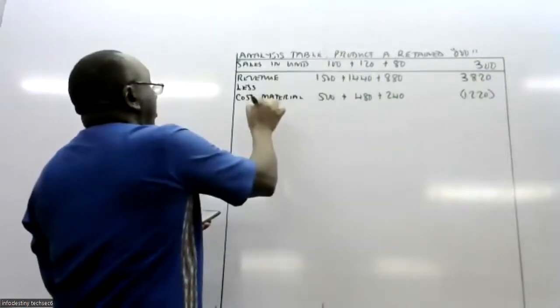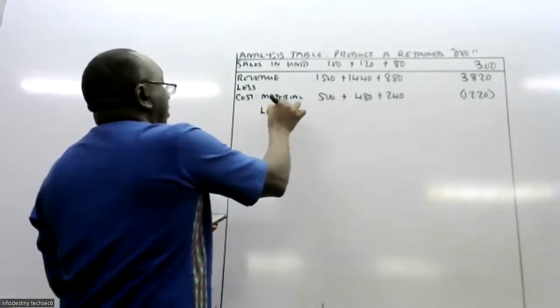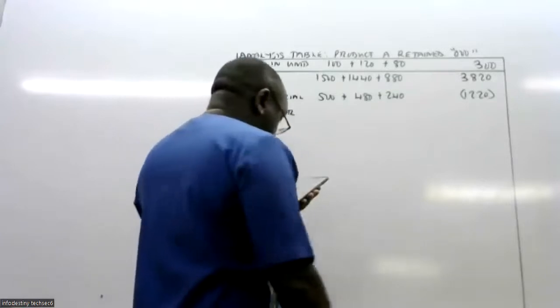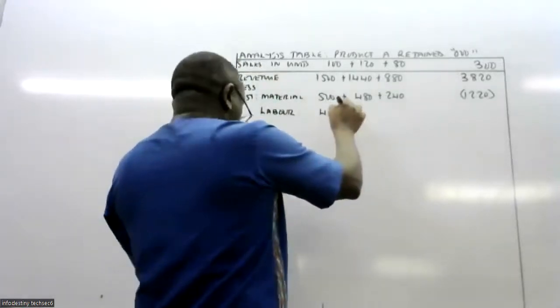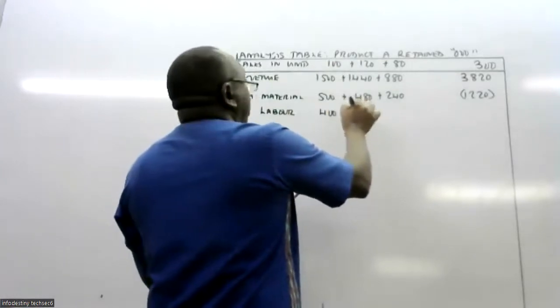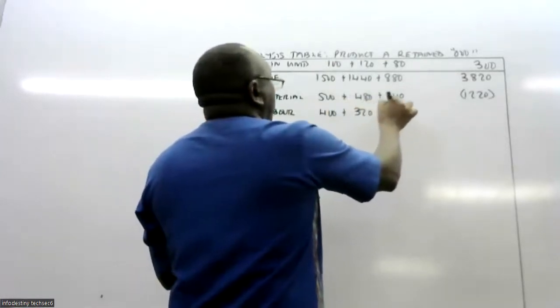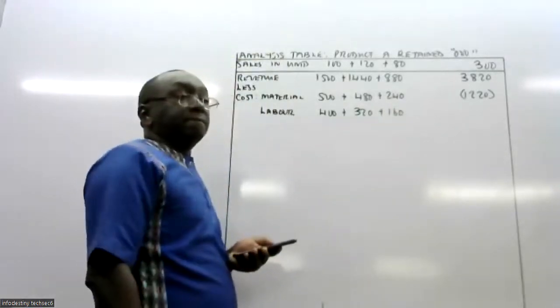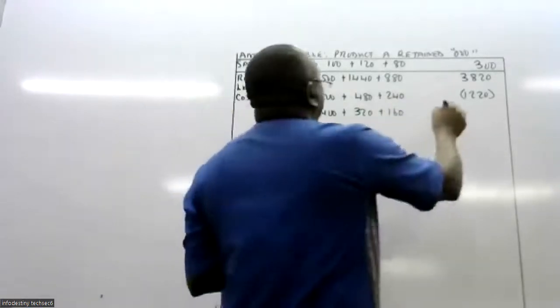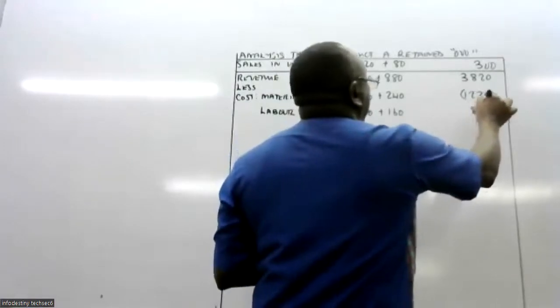Twende kwa labor. Labor is 400 plus 320 plus 160. 880.